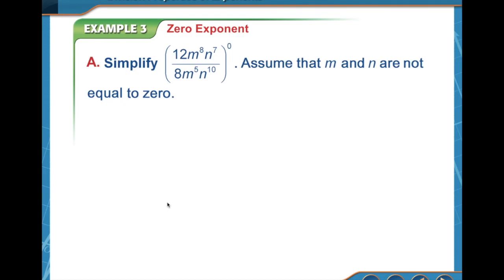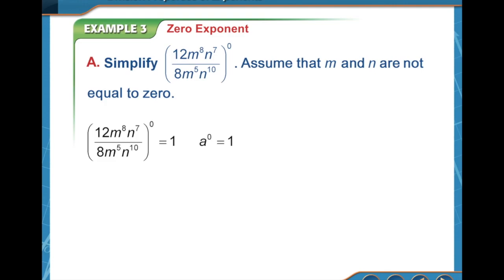So let's think about it. Say we have this example, we want to simplify it, assume our denominator is not 0. We have all of this mess going on inside of here, but it's all taken to the 0 power. So no matter how complex all of this is, if it is all taken to the 0 power, no matter what it is that's in there, the answer will still be 1. And that is it.